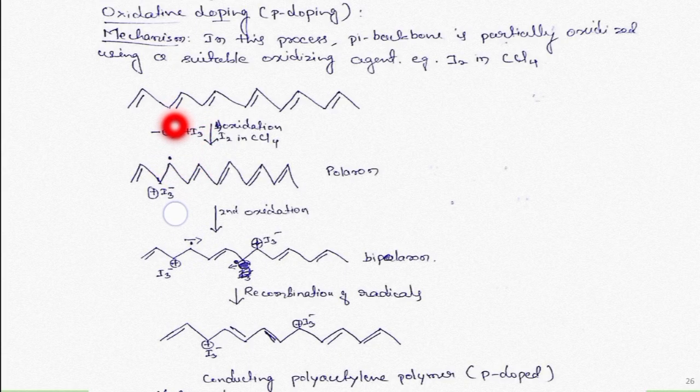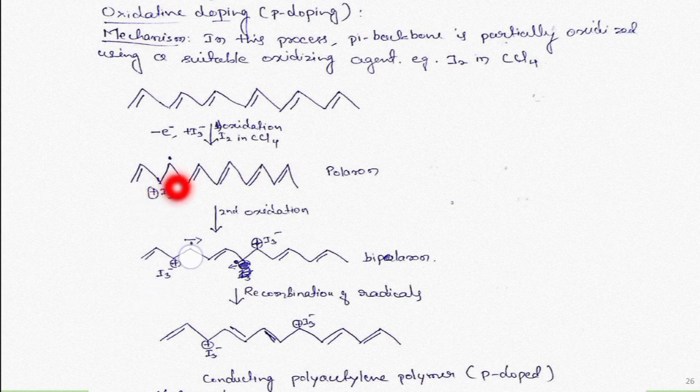Okay, so one electron will be taken away by this iodine, right? One electron will be removed from the polymeric chain, so there will be only one electron, so one radical will be formed.